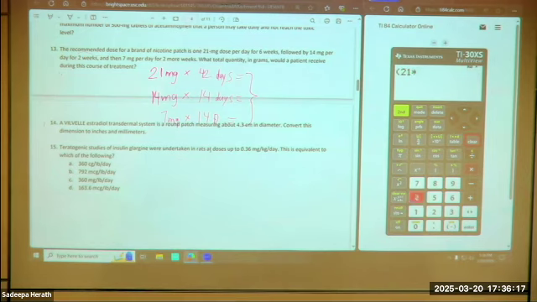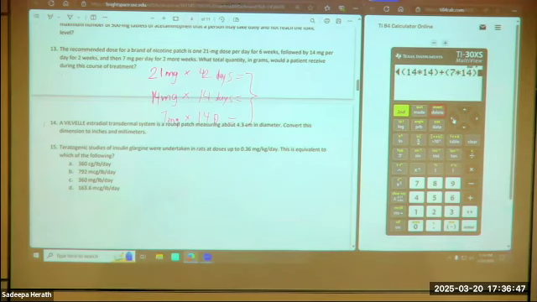21 times 42 plus 14 times 14 plus 7, no, let's do delete, 7 times 14.